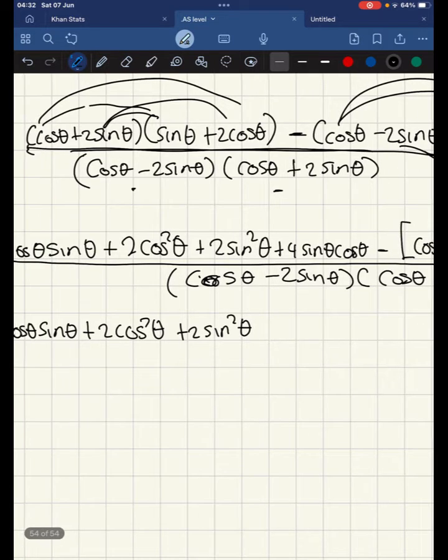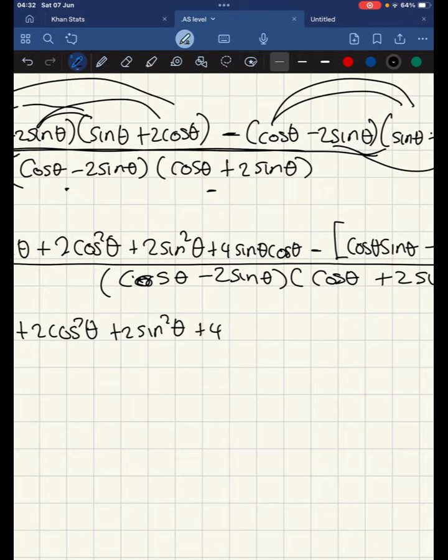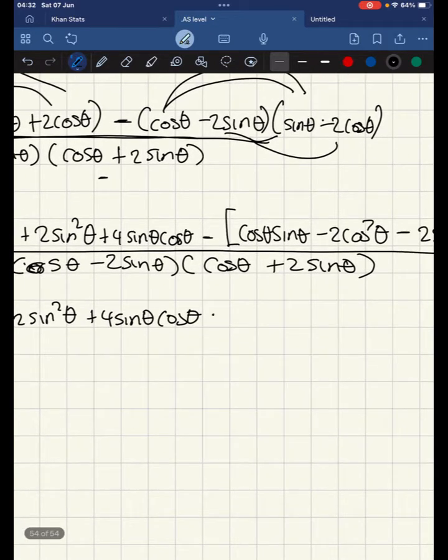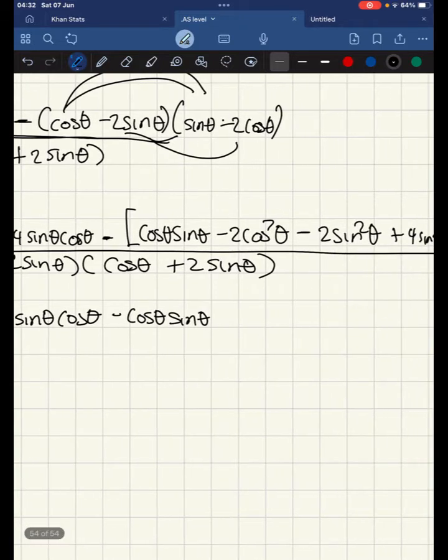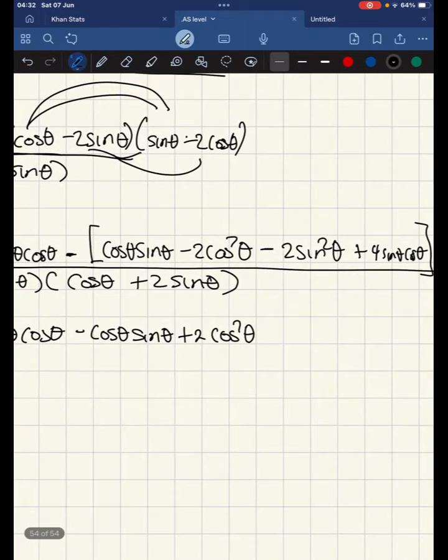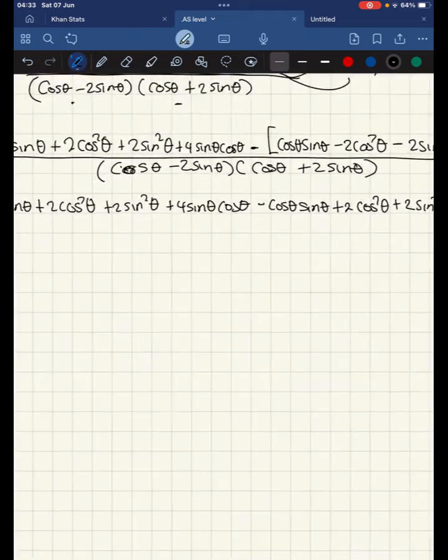And then this becomes plus 4 sine theta cos theta minus, remember the minus, minus times minus plus cos theta, minus 4.